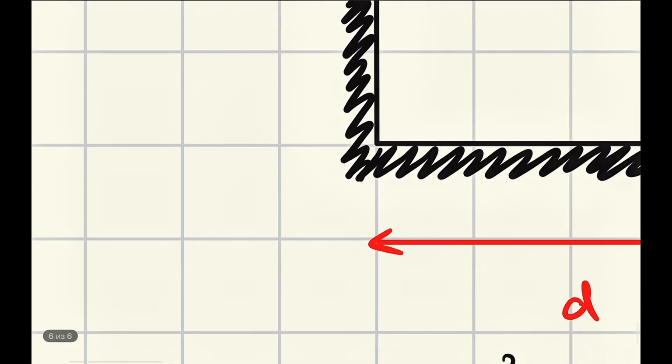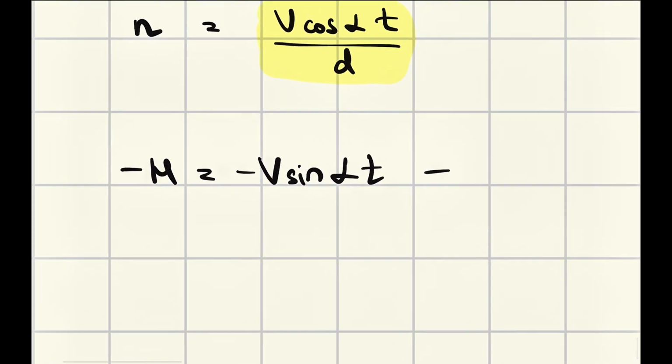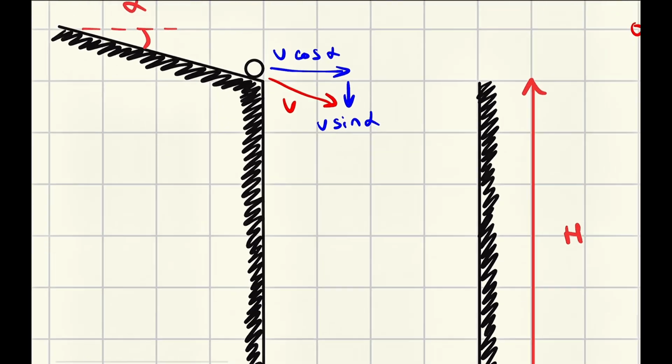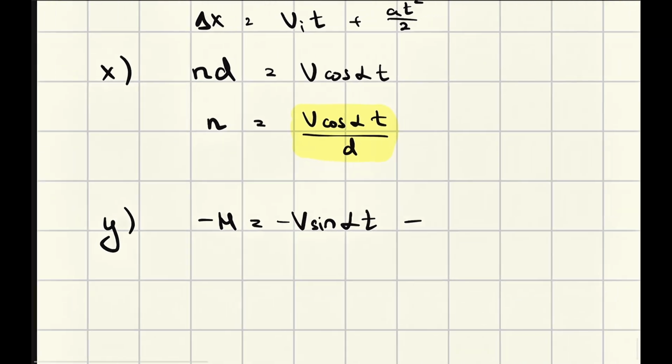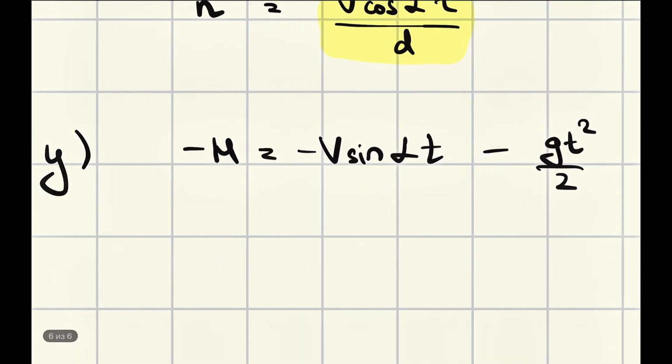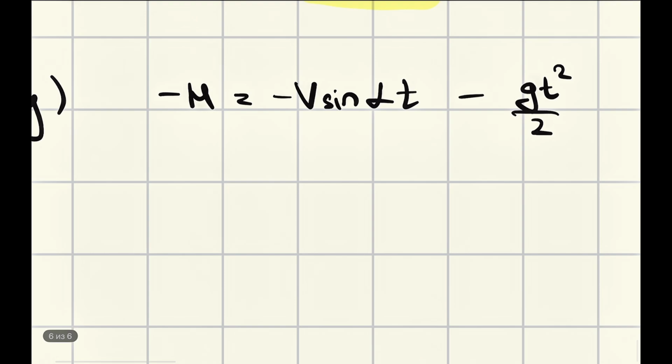That's why we need to put minus, because its direction is very important. And this is okay because v cosine alpha is going to the right, which is a positive value, so there is no problem with this part. Here we have minus gt squared divided by 2, or you can write it as 1 divided by 2 gt squared. It's the same thing. So we can see that all of these terms are minus, so we can multiply all of them by minus 1, and all of them will become plus.